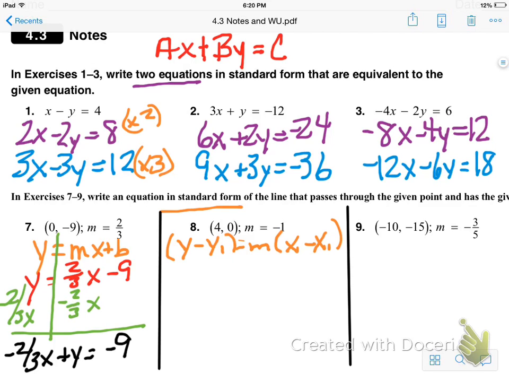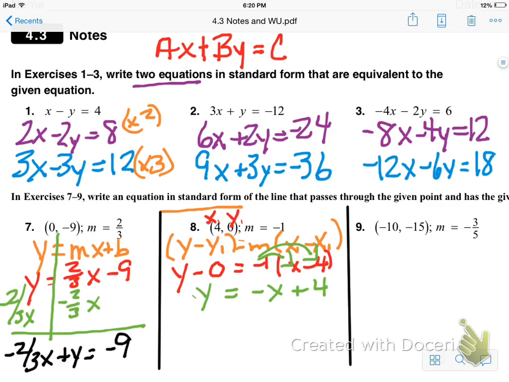Okay, so I've got x sub 1, y sub 1. So I'm going to do y minus 0 equals negative 1 times x minus 4. If I use the distributive property, then I'm going to have y equals, a negative times a positive is a negative, and then a negative times a negative is a positive.